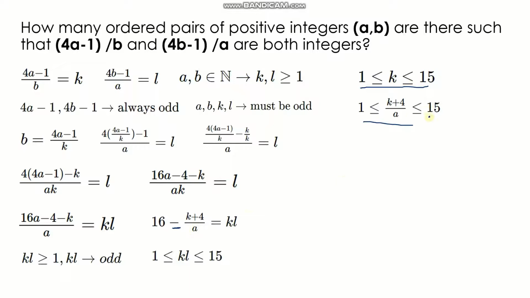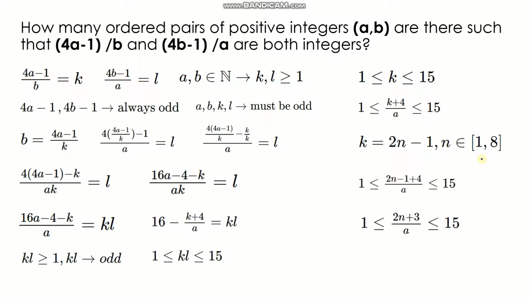Since k is an odd integer, it must be in the form of 2n − 1, where n is an element of 1 to 8, still satisfying that k must be between 1 and 15. Substitute 2n − 1 into k + 4/a, becoming (2n + 3)/a, which is still between 1 and 15.